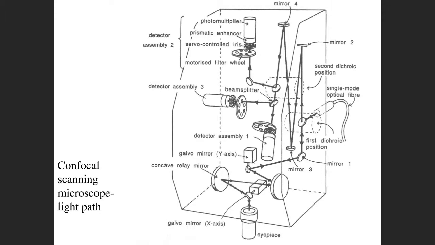Wait, hold on. I need that pen. Okay, so the light comes here, hits the mirror, goes down here, hits another mirror, and comes here and hits this mirror. What does this mirror do? It controls the y-axis. And then it goes from here to hit this mirror, and then this mirror, and then this mirror.